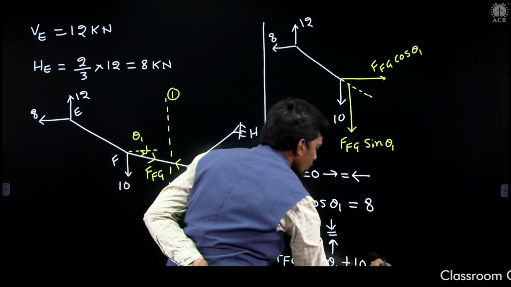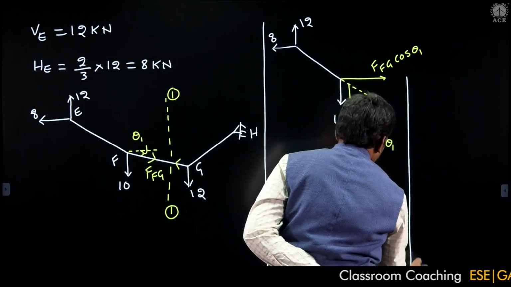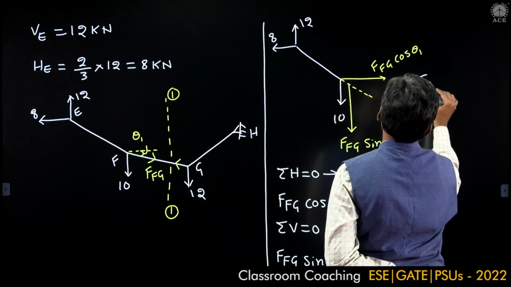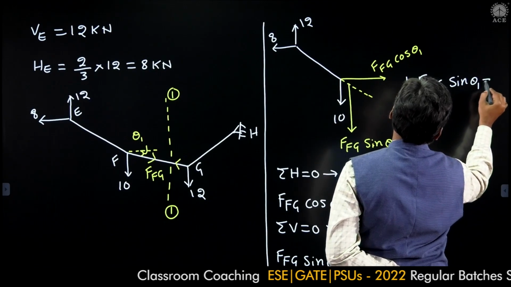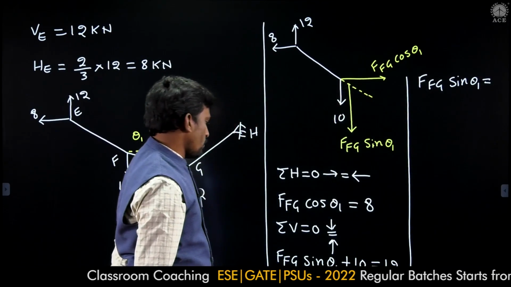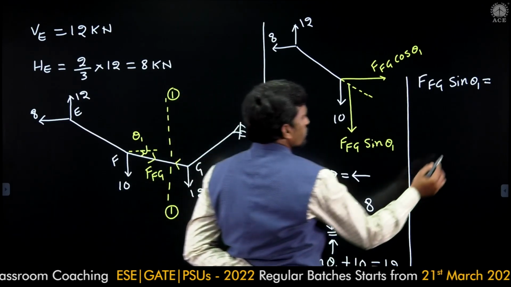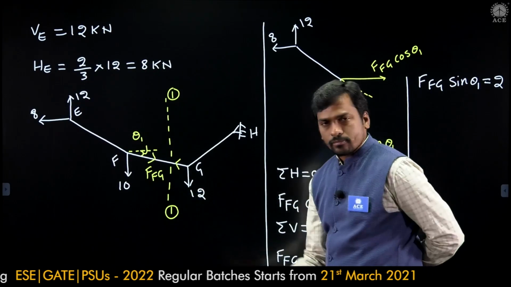Upward force is 12. Then from this equation, force in member FG sin theta 1 equals 2, right.